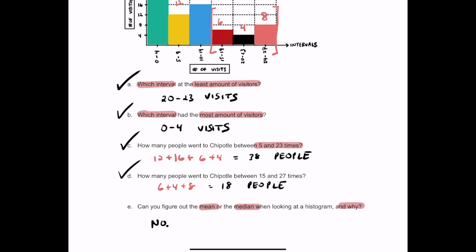These just group the numbers and let us know how many are going into each bin, but we don't know specifically what they are.